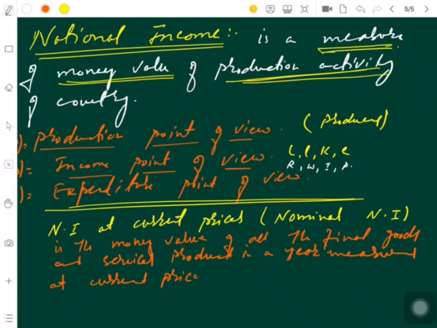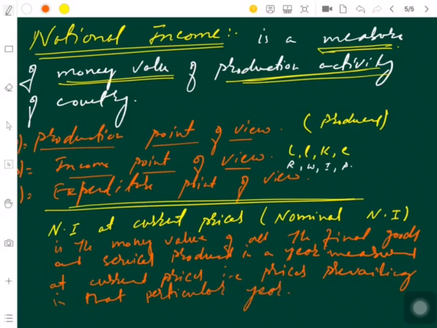What are current prices? Prices prevailing in that particular year. That means, say this is the year 2020, the present prices are current prices.